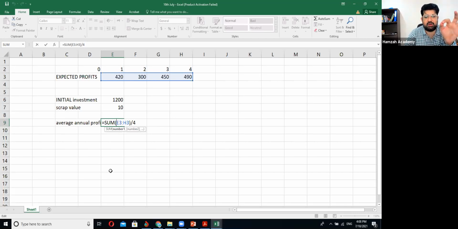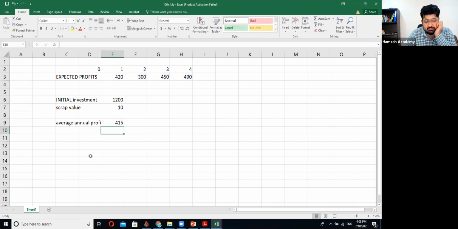Wherever you think you are stuck, sometimes it may happen, I may do a calculation and you are unable to note it down. It may be possible. Please feel free to ask me to go back to the calculation. Here it is: 415. Next, average investment: initial investment plus scrap value divided by 2.